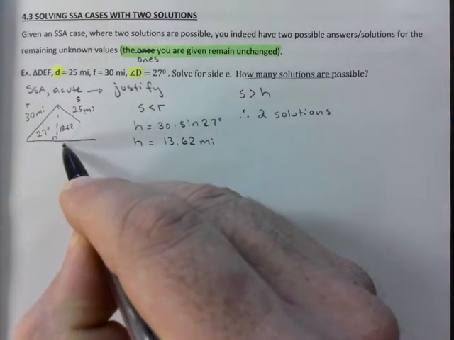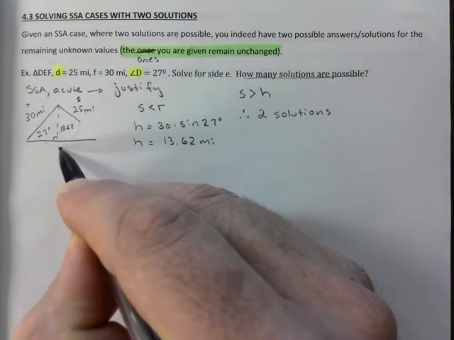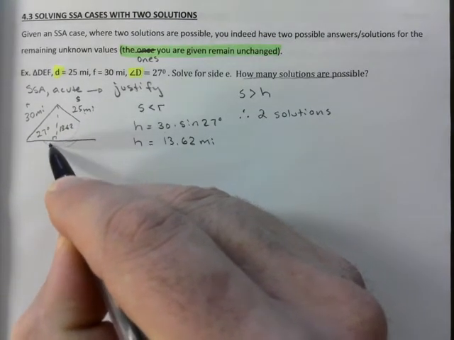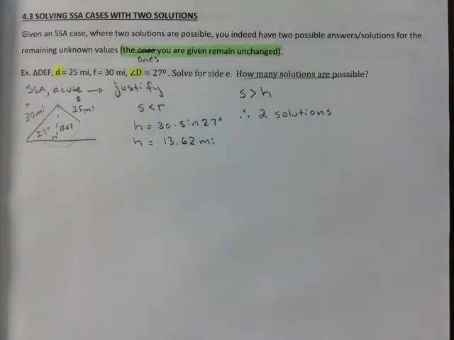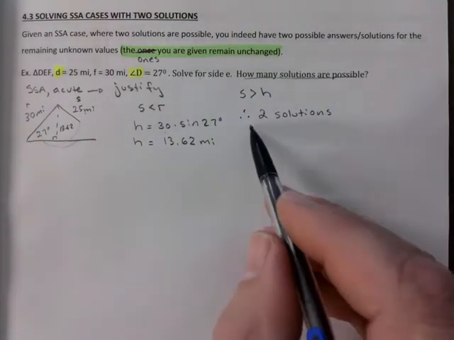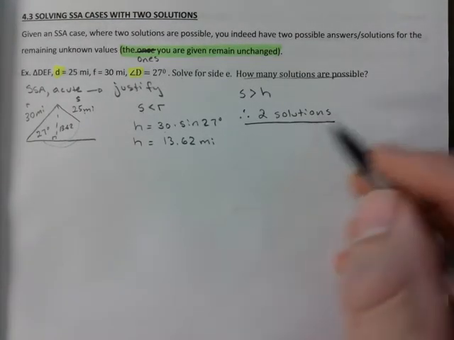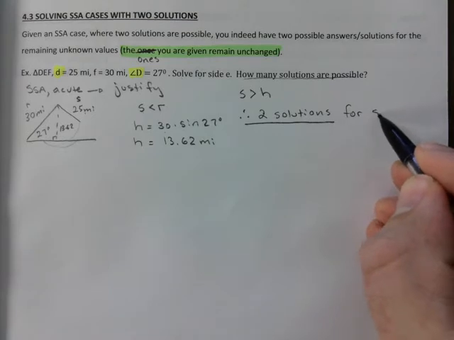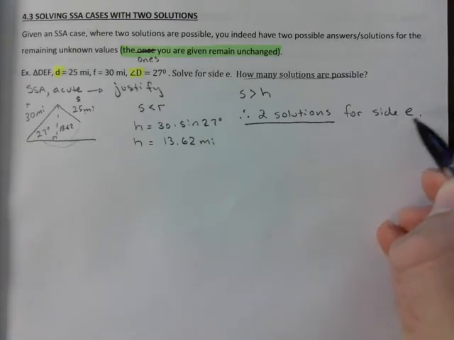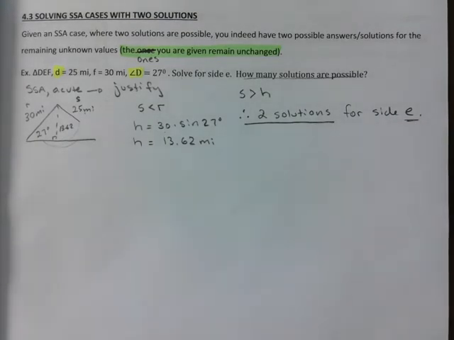This is actually going to swing, make a triangle there, and make a triangle there, right? It's going to be longer than the height, right? Remember that visual I gave you yesterday, GeoGebra? So there are two solutions, that's for sure. Two solutions for side E. That is really what you just determined, that side E has two possible solutions.